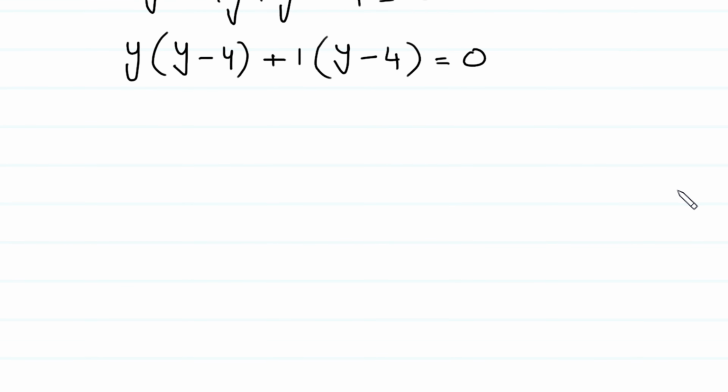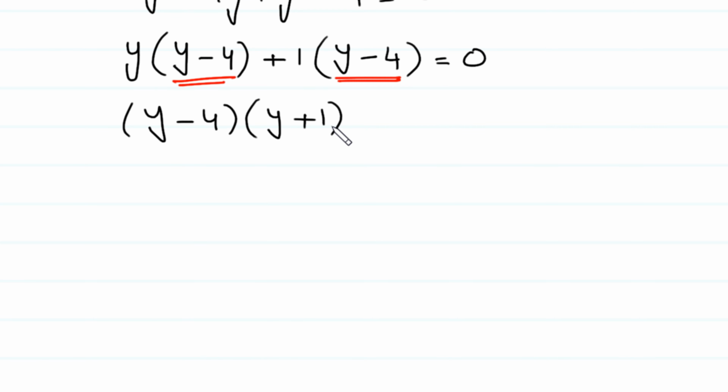Next, we can take y minus 4 as common, and in bracket left this y and this plus 1. Y plus 1 is equal to 0.